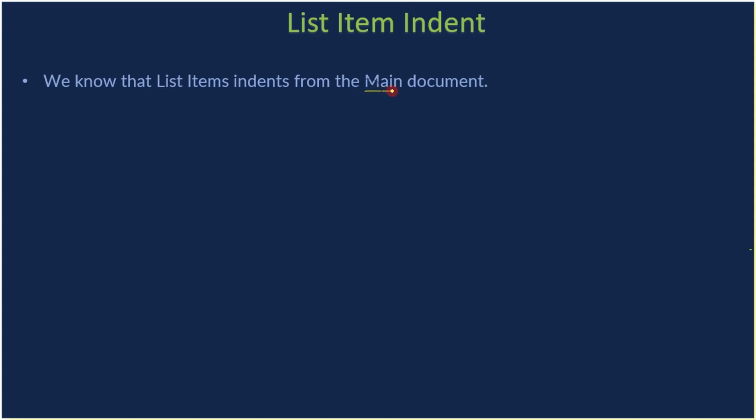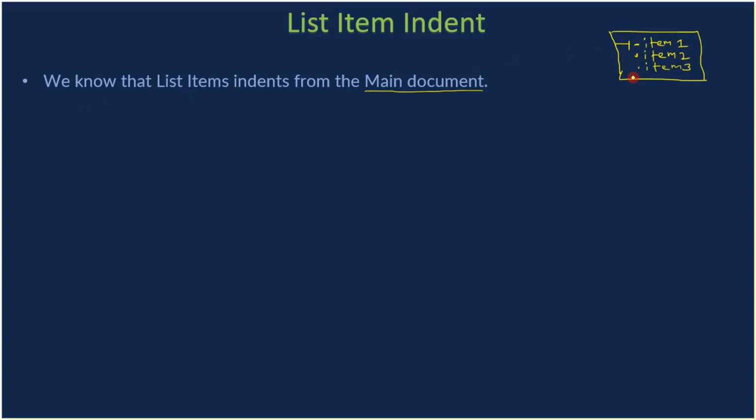So by default, there will be an indent for the list item if this is your main document, and when you place the list item, automatically it will indent from a specific location. So that's what we are talking about here.